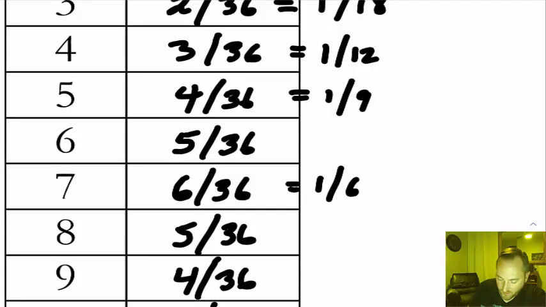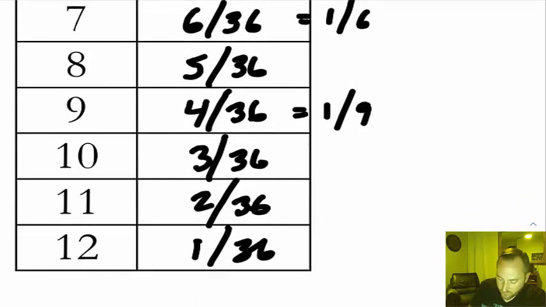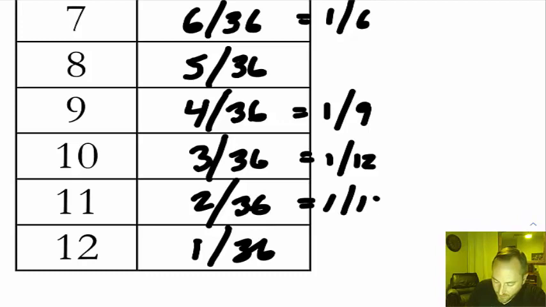And then 5 out of 36 doesn't, of course, and then we got 4 out of 36, which simplifies to 1 9th. 3 out of 36 is back to 1 12th. Then we have 1 out of 18, 1 18th there. And that'll complete some of the simplifying.